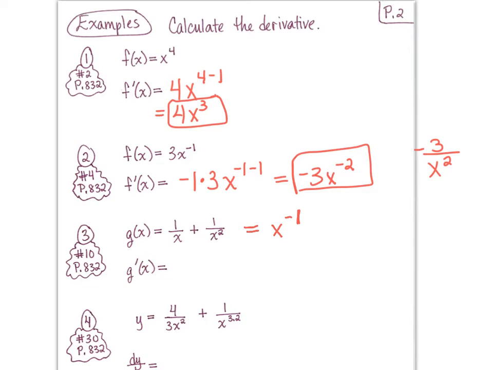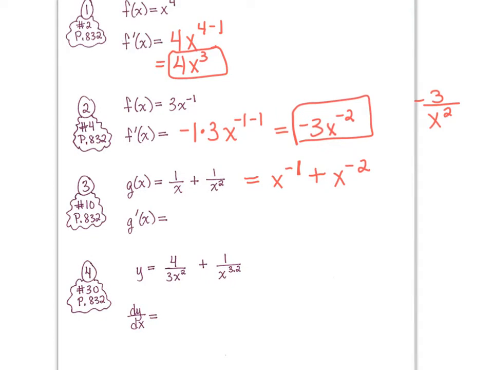And how do you rewrite 1 over x squared? As x to the negative 2. Good. So we have x to the negative 1 plus x to the negative 2. Would you like a minute to find the derivative? Okay. What do you have for the derivative here?